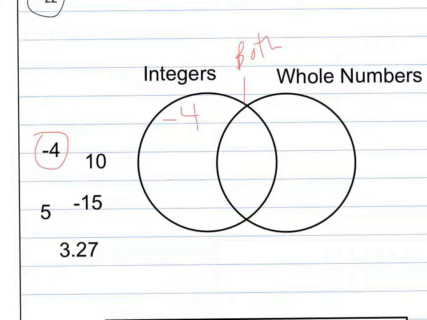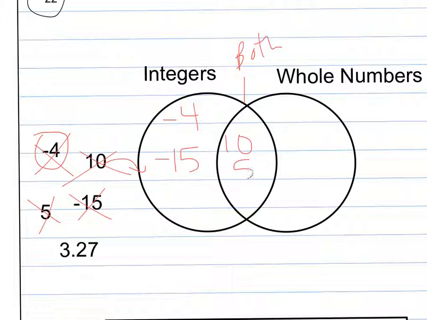So that just fits here. 10 is an integer, but it's also a whole number, so that's going to fit in the both. -15 is just an integer. Negative numbers are only integers, not whole numbers. 5 would be both. And then this 3 and 2700ths, excuse me, it is a decimal, which means it doesn't actually get past the rational part. This is just a rational number.